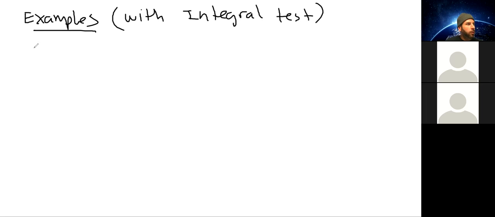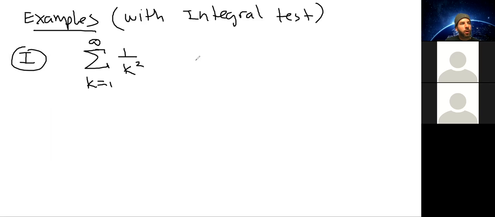So let's take the series that we started before. Let's say the sum from k equals 1 to infinity of 1 over k squared, which of course is 1 plus 1/4 plus 1/9, etc. So does this converge? Well, the answer is yes.